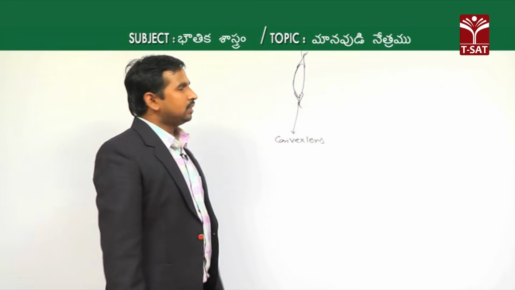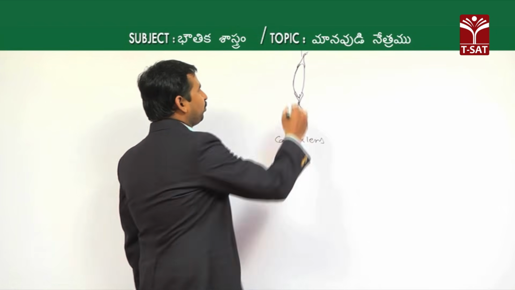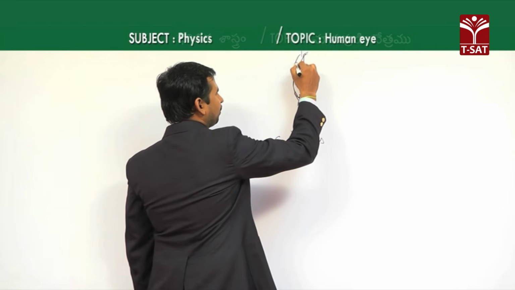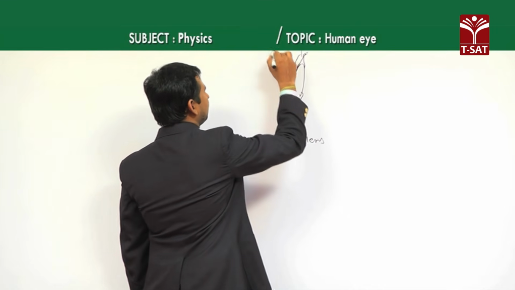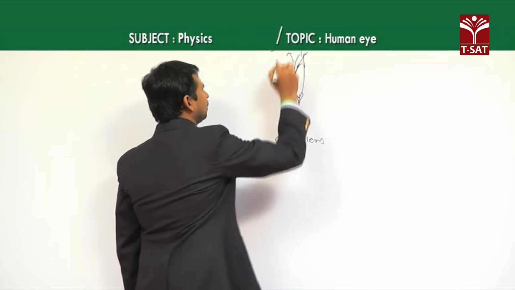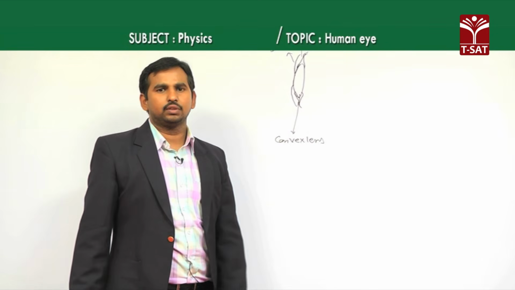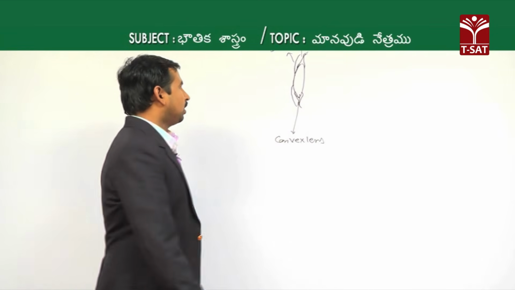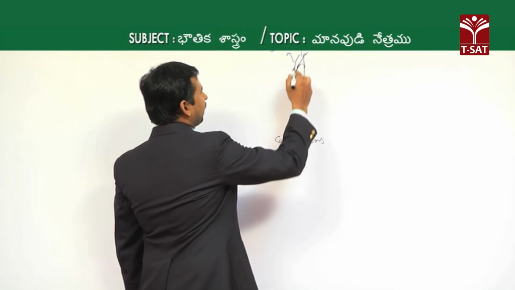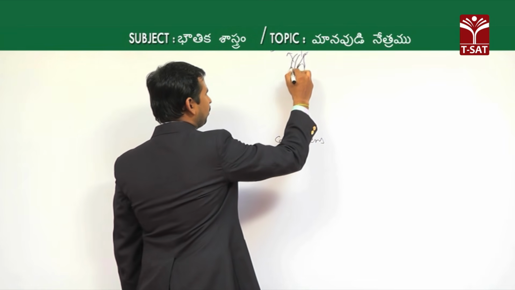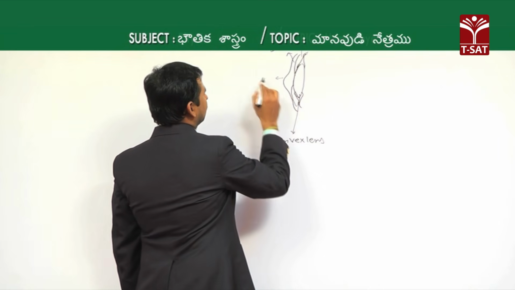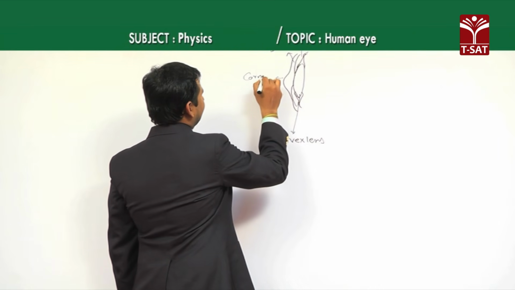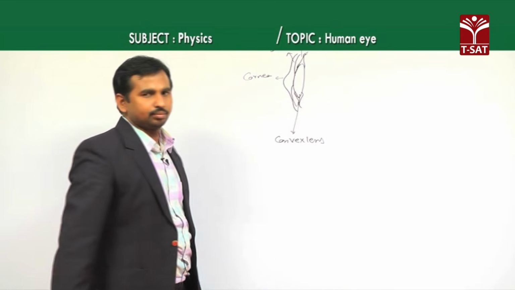After these ciliary muscles, we have one part called the iris, which acts like a shutter for our cameras. Next, in front of the iris, we have a curved surface. This we call the cornea.